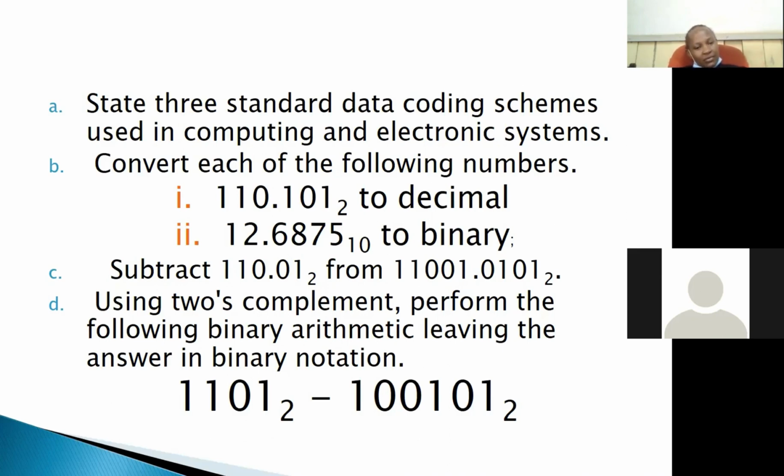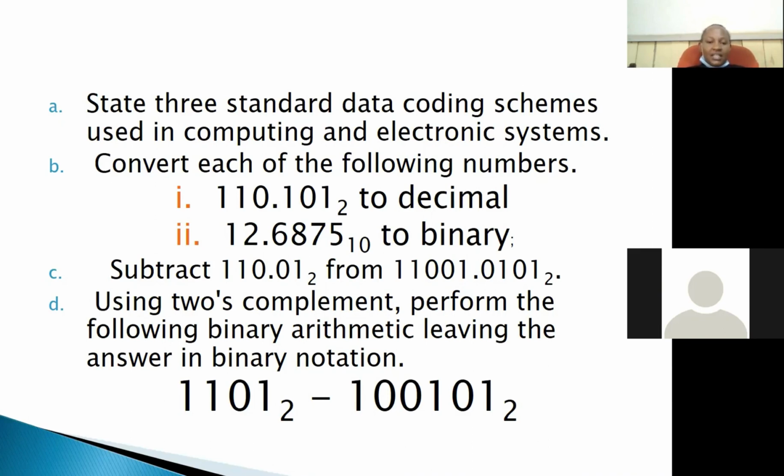Question 2, on the same issues to do with converting: 12.6875 base 10. The candidate here should be able to convert either using the place value method or the long division method. You convert 12 and give the binary equivalent of 12.